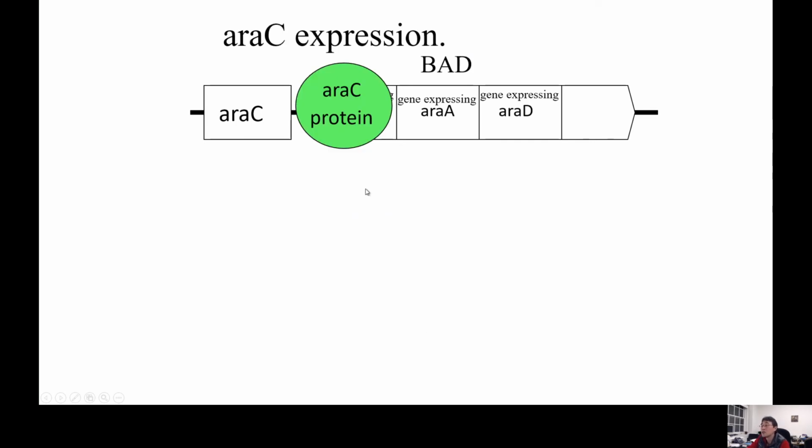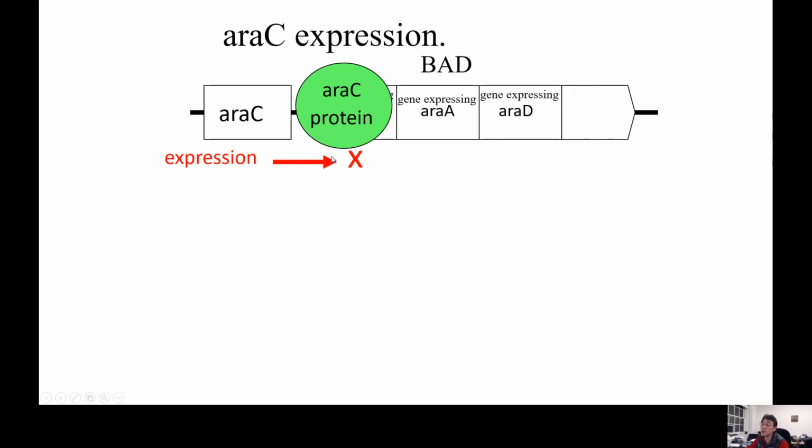Now, in wild type E. coli, you have the araC gene, which encodes the ARAC protein and sits right here in this region. Like I said earlier, you don't want to express unnecessary proteins if you don't have the energy source.